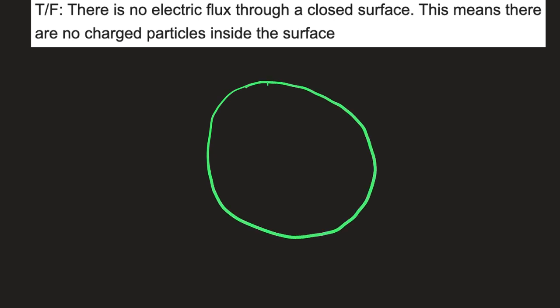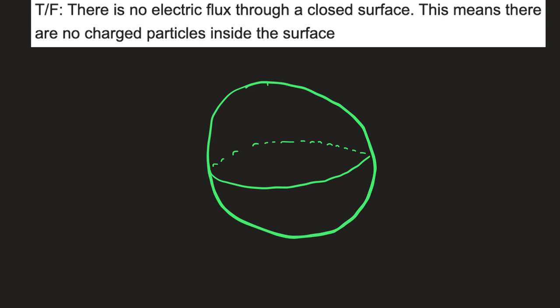All right, true or false? If there is no electric flux through a closed surface, this means there are no charged particles in the surface. So let's make this easy to picture. Say you have some closed surface, like a sphere here, and I'm not going to tell you if there are any charged particles inside.